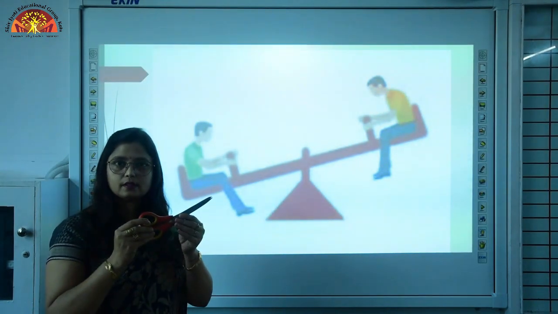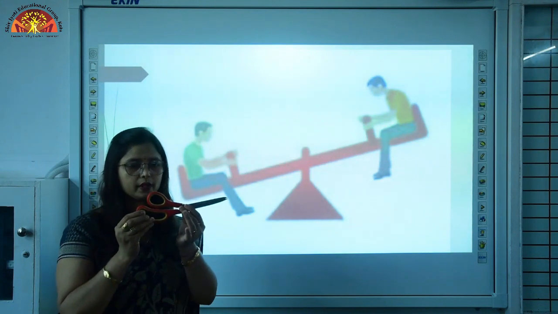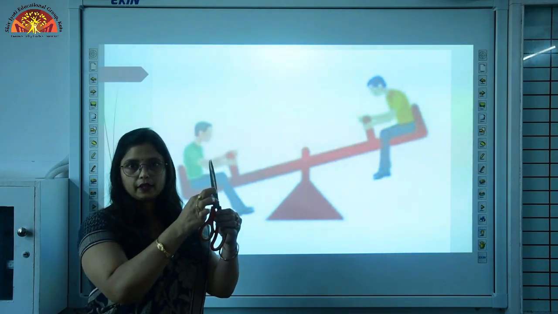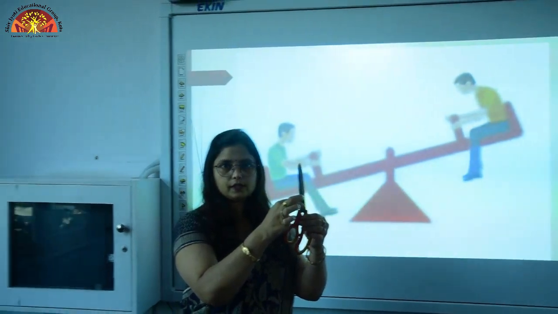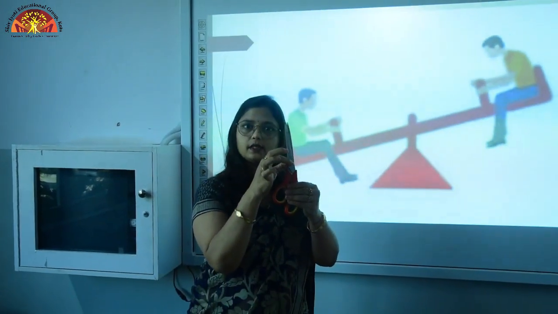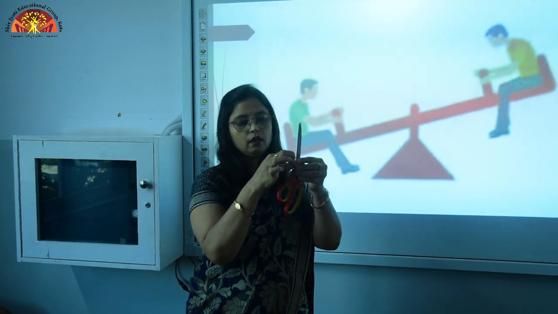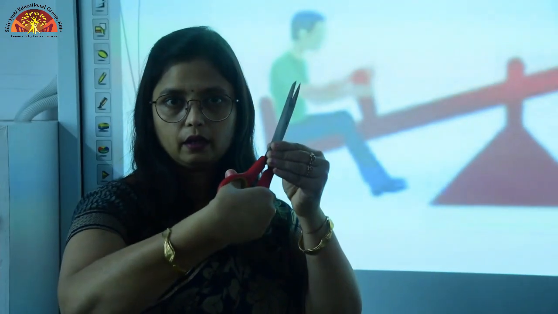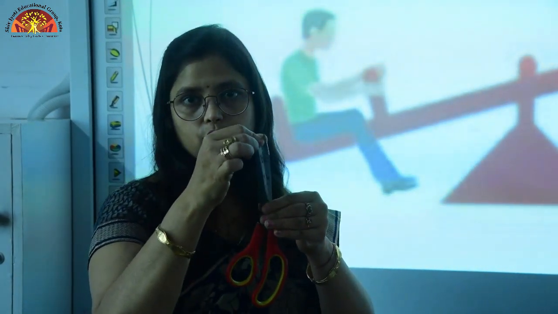See children, this is a scissor. Now you can see here this scissor, this point of attachment of the two plates of this scissor can be called the fulcrum. Here, because we hold this scissor from here, this position is called the effort, because from here we will apply the force, and from this tip the work is done over here.